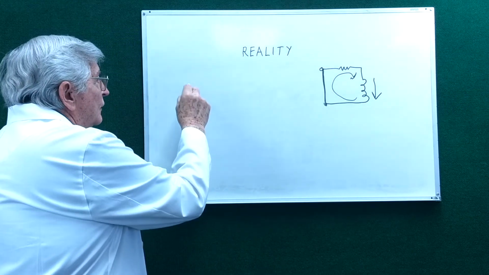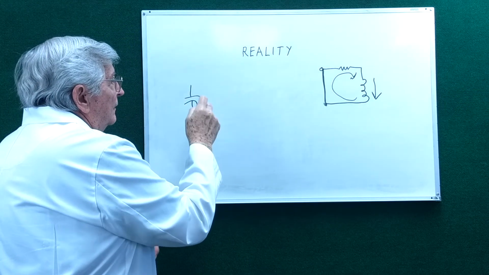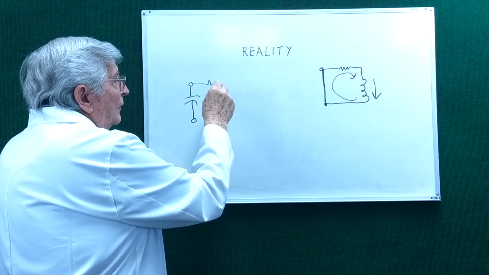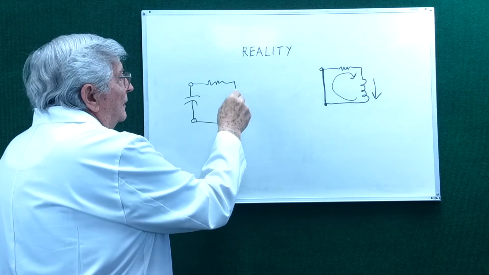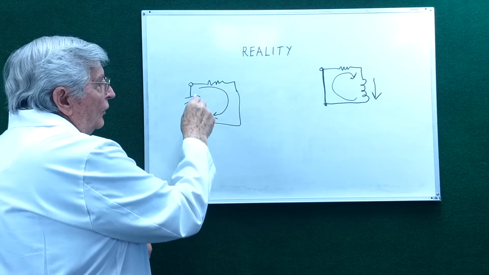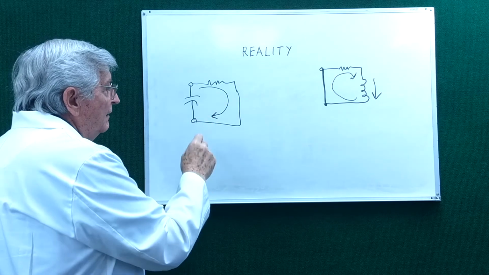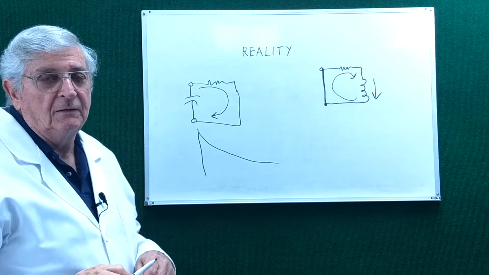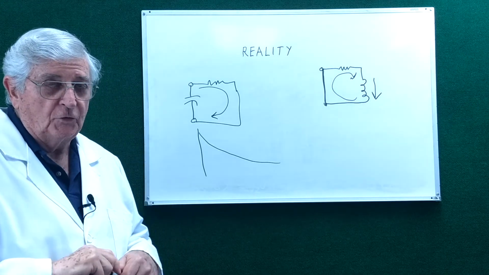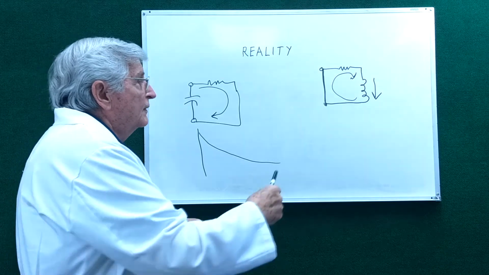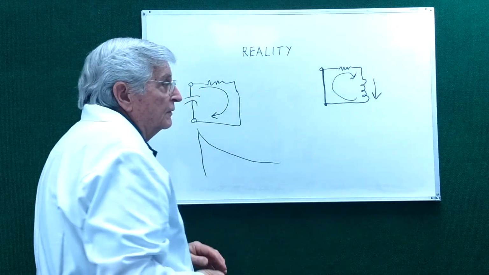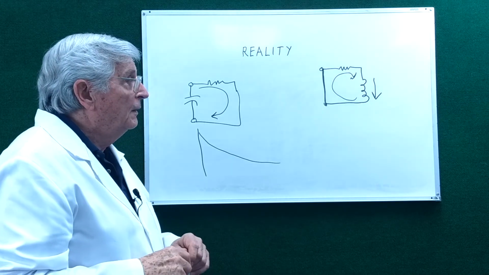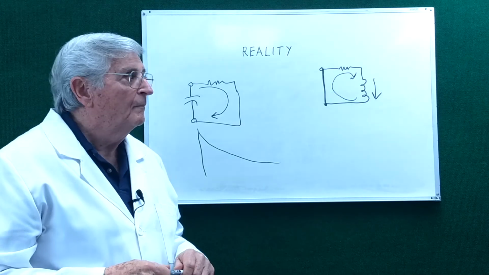Now, in most capacitor circuits, there's the capacitor, we intentionally put a resistor here in the circuit for the voltage to decay, and we get the typical time constant decay of voltage. So it's primarily this resistance that makes inductors kind of a hard thing to work with.